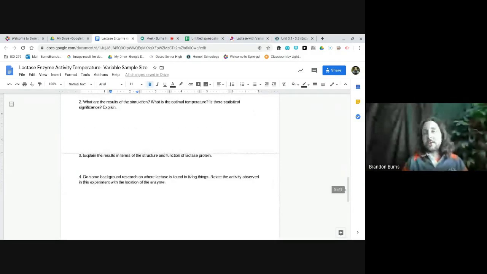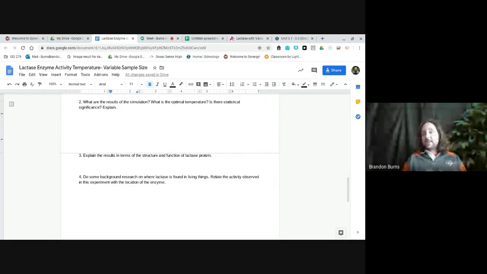Question number 4 is the only one that could be a little bit tricky. It's going to ask you to do some background research on where lactase is found in living things, and then relate the activity observed in the experiment to the location of the enzyme. I'm not going to give this away because you're all going to be doing this in your own experiment anyway for lactase.